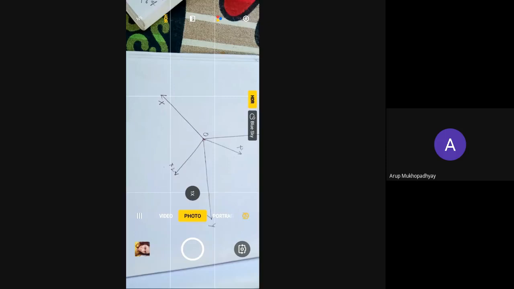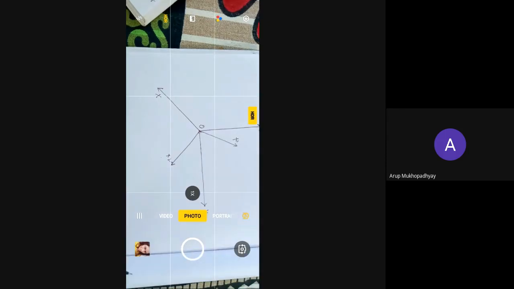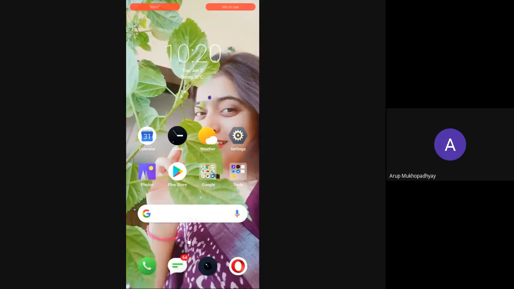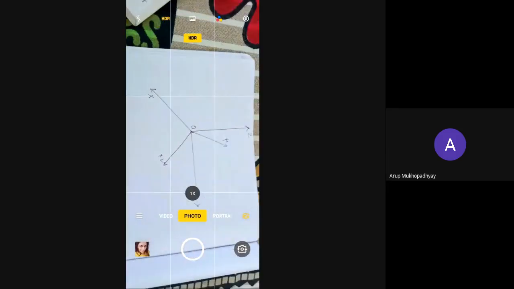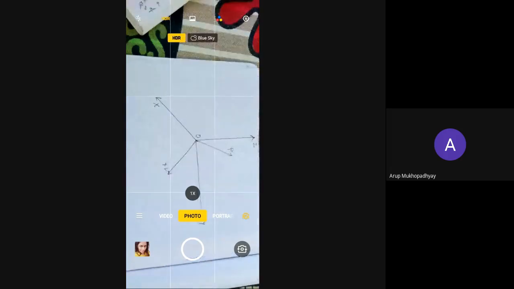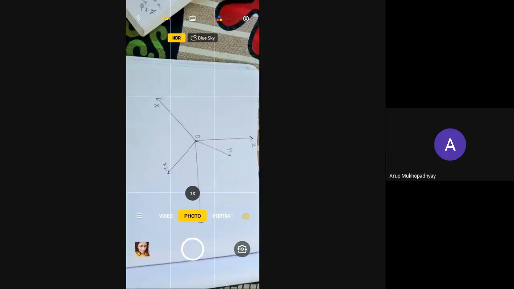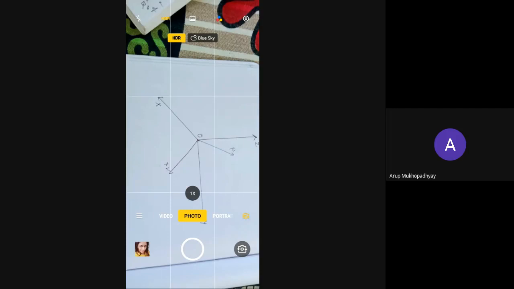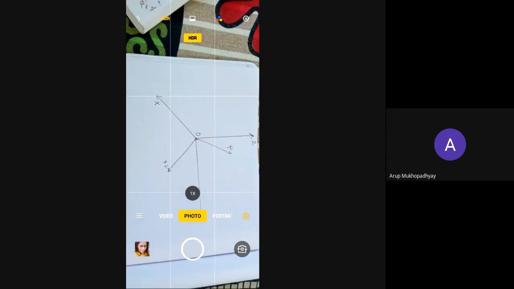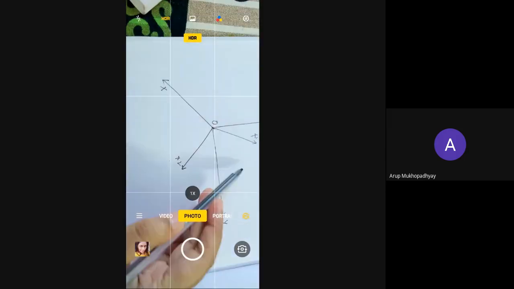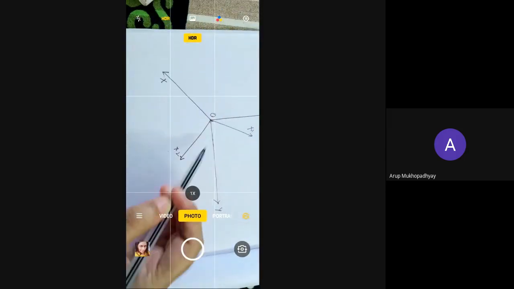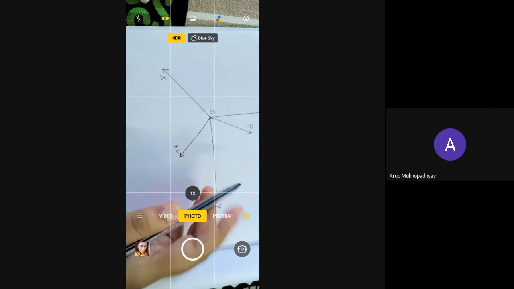Now we have to check the two conditions of a subspace: addition, and then scalar multiplication, must stay in the set. I have drawn these two vectors, OX1 and OX2, the x1 vector and x2 vector. Now I come to the first point, v1.